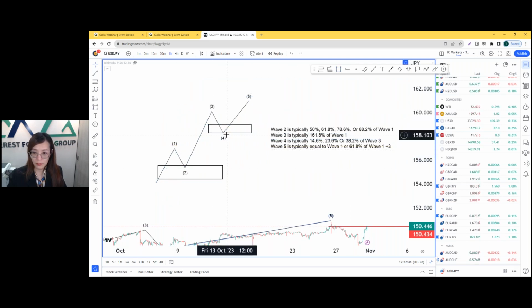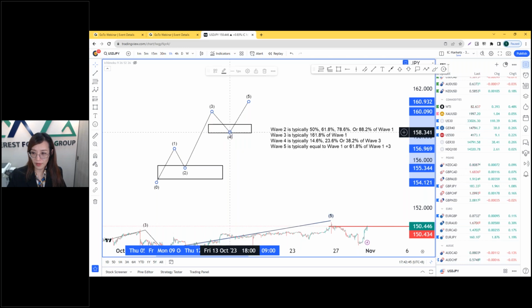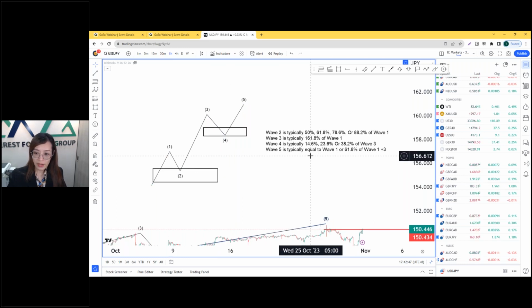What about wave 4? Oh, sorry, wave 5. Here they say wave 5 is equal to wave 1, which is 100%. You can use Fibonacci projection.